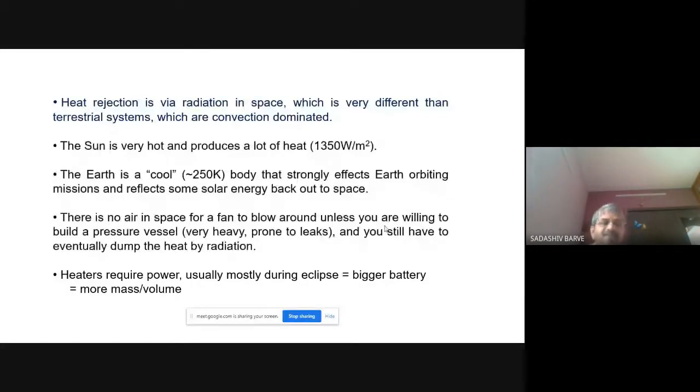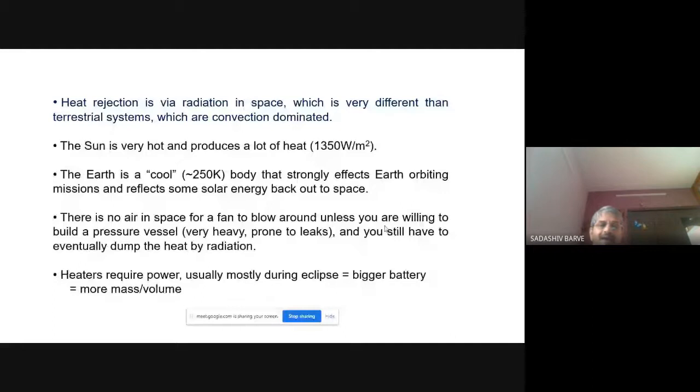Then third, one more aspect is that heaters require power, usually mostly during the eclipse period. Eclipse period is the period when the satellite is moving around the earth. Most of the time it receives the sun load, but when it goes behind the earth, away from the sun, that is called the eclipse duration, and that is mostly applicable for low earth orbit satellites.